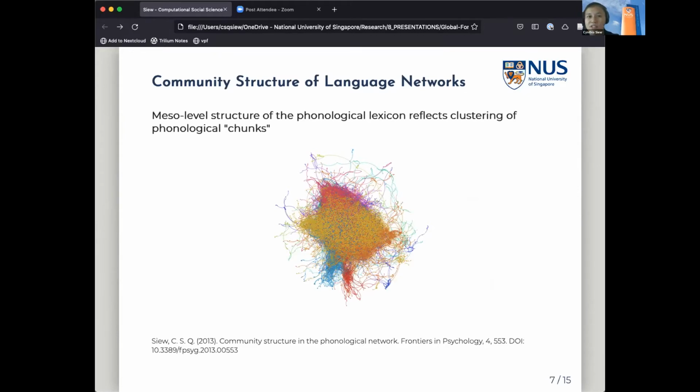Community structure is very prevalent in a lot of real-world networks. In language, we also find community structure. In the phonological lexicon, where the connections represent phonological similarity between words, we find that these communities reflect phonological chunks. And it has all these implications for understanding how we process spoken words.